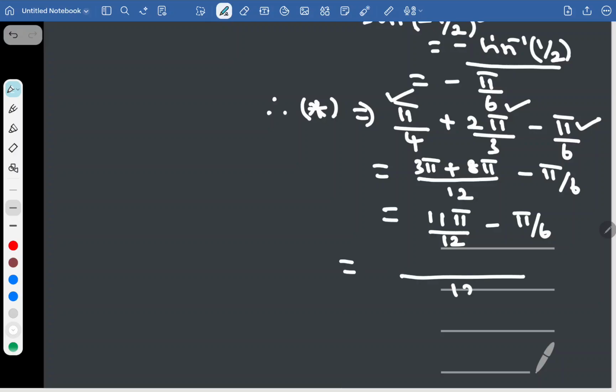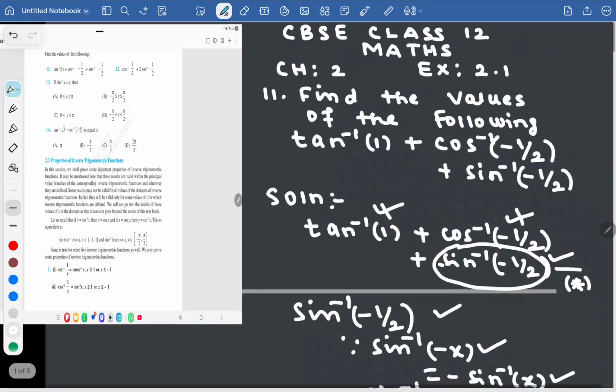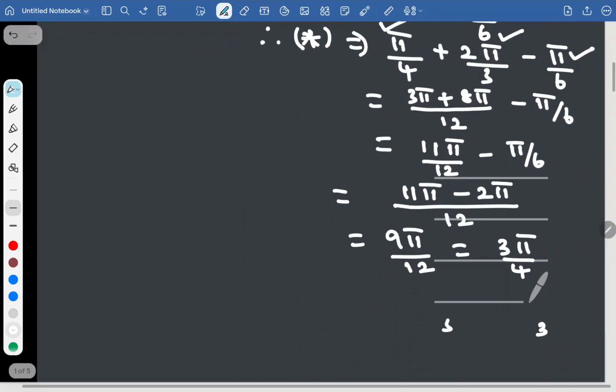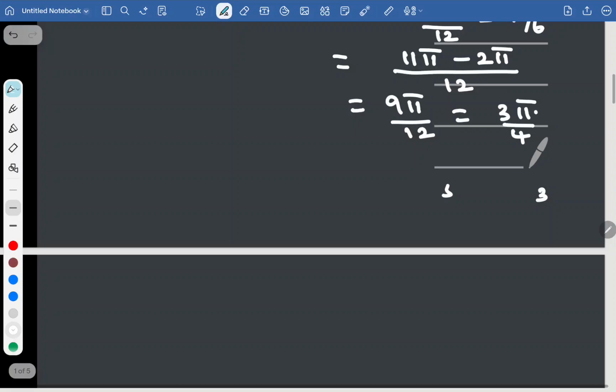Again LCM 12, 11 pi minus 2 pi, 9 pi by 12. Simplification: 3 pi by 4. For problem 11, the answer is 3 pi by 4.